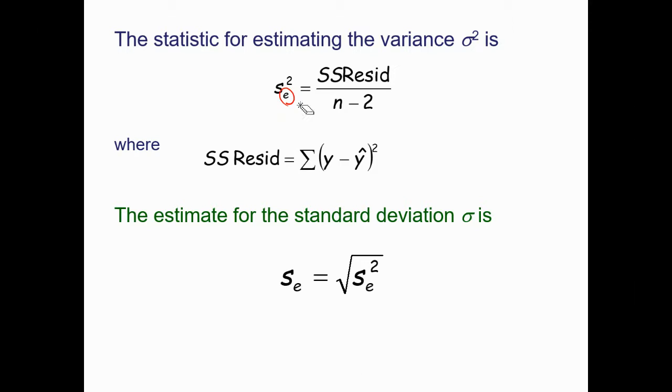The estimate for the standard deviation, sigma, is S e, just the square root of this piece up here. So the way we said it in Chapter 5, we wrote it out: the square root of the sum of squared residuals divided by n minus 2. That's what should really ring the bell.